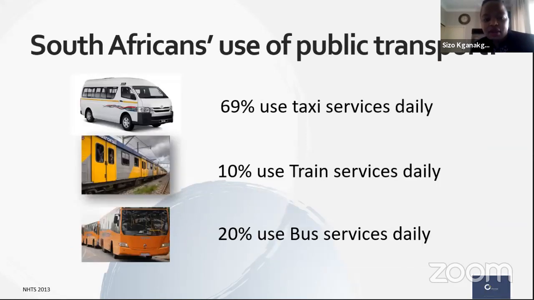And of those that are using public transport, about 69% say that they use taxis as their daily mode, and then rail and buses. Rail is at about 10%, and bus services at about 20%.